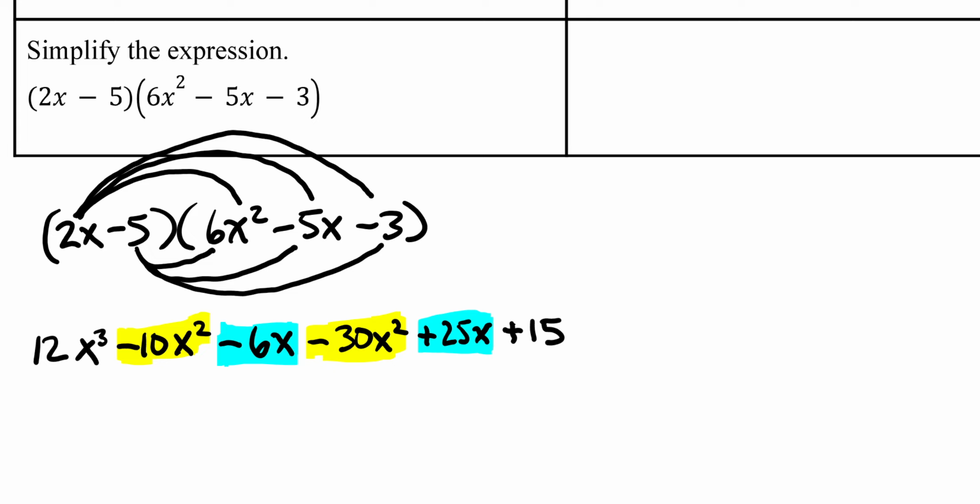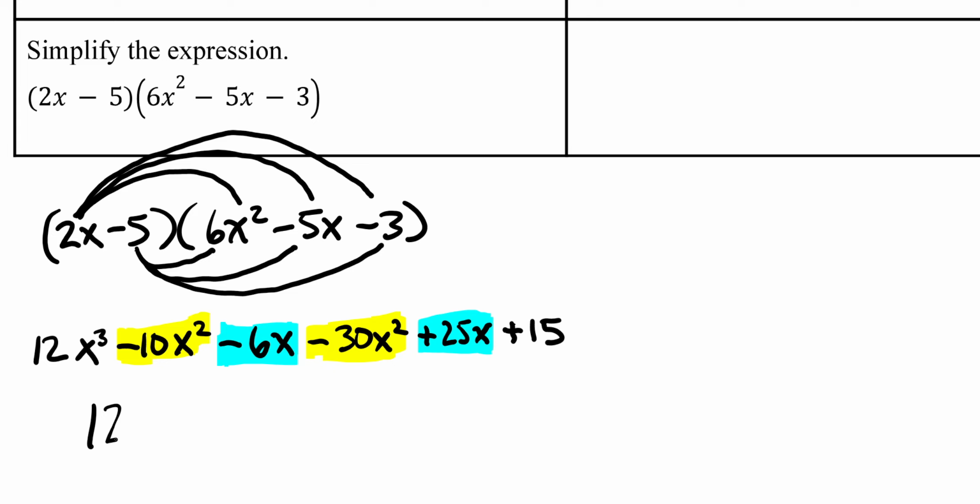The negative 12x cubed and the plus 15, they don't have another term that's the same. There's not another x cubed term. There's not another constant. These are called constants, because they don't have the variable with them. And so they are just going to stay the same.